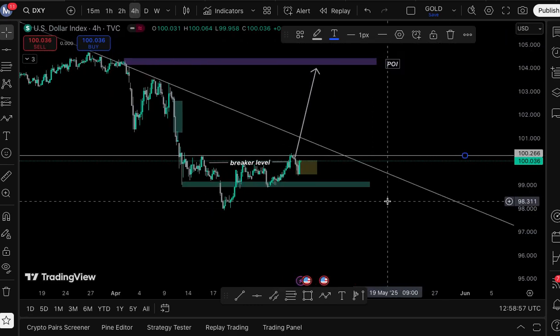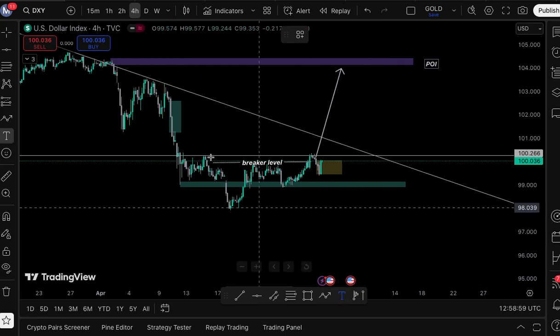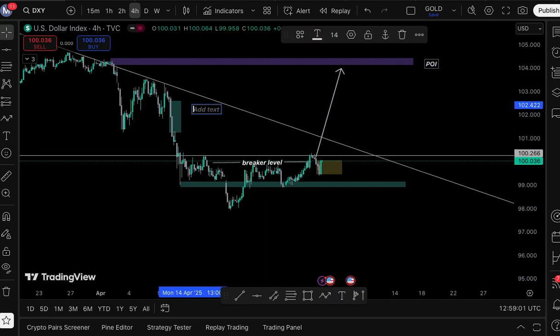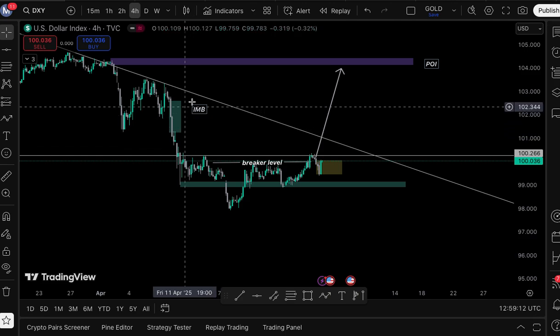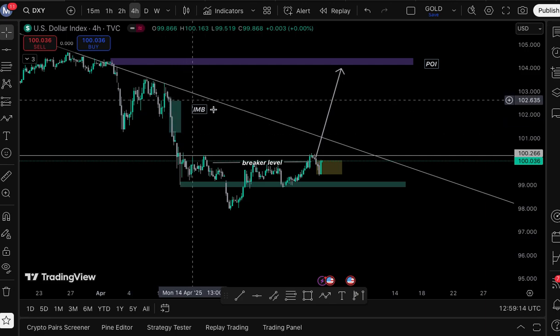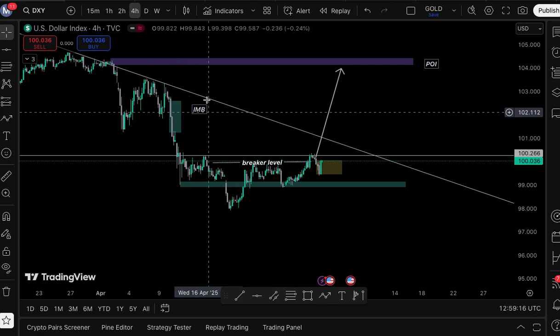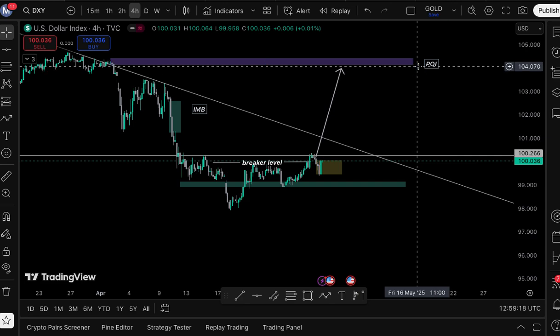Let's shift to the four hour time frame, because this one is the imbalance area and fair value gap also. So the market doesn't have any data from here. The market will come and definitely mitigate this point, and we have the POI and order block area also.